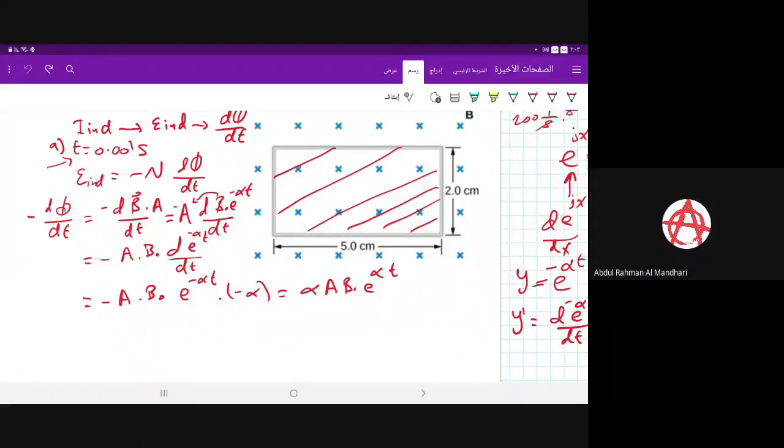We can now substitute for all of parts A, B, C. When A is at time equals 0.01 seconds, this will give me I, if you calculate it very well, 20 milliampere. B, when time increases a little bit, and what is the physics behind this?